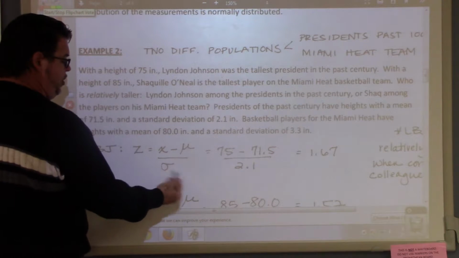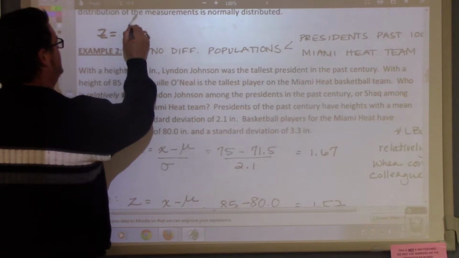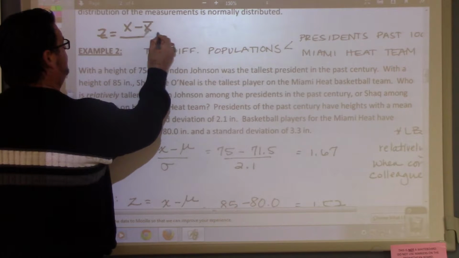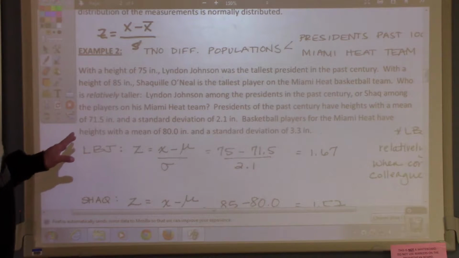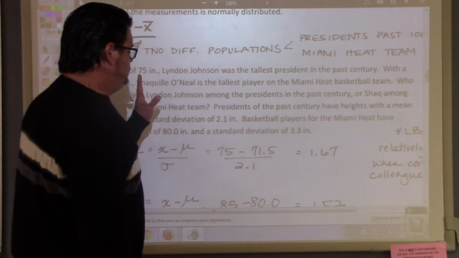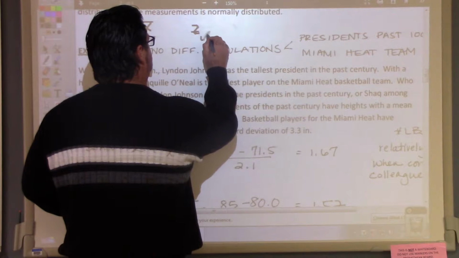Z equals X minus X bar over standard deviation. So we've got to find the Z-score for Shaq and the Z-score for LBJ.